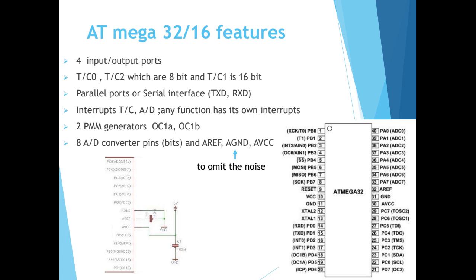This is our ground. And also AREF, by using a capacitor, is connected to ground too. AGND, or the ground of the A port, which is used for analog to digital converter, is used to omit the noise of our system for having the best operation.